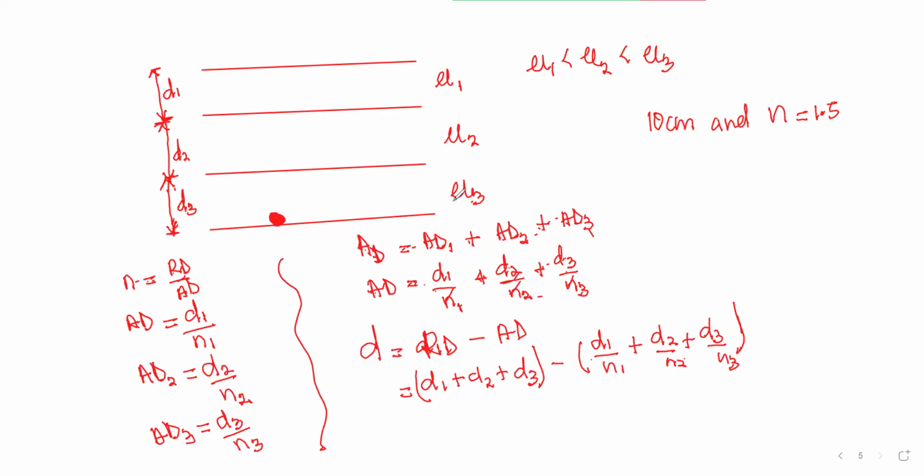Can you repeat the B again? The B question says find the vertical displacement of the object. All that the question seeks to test is that there is a coin placed under a glass block. This glass block has a thickness of 10 centimeters. Then a beaker is filled with water to a height of 10 centimeters and placed over the glass block.